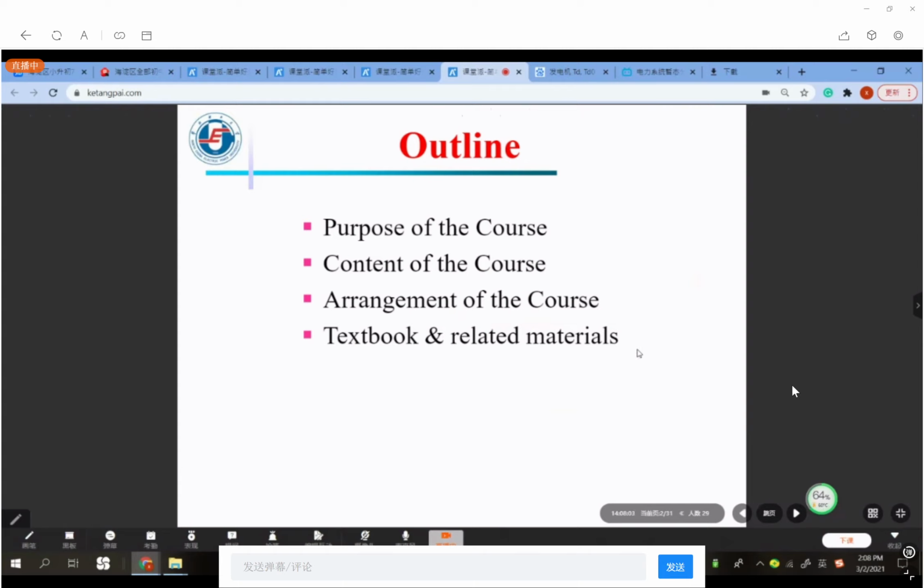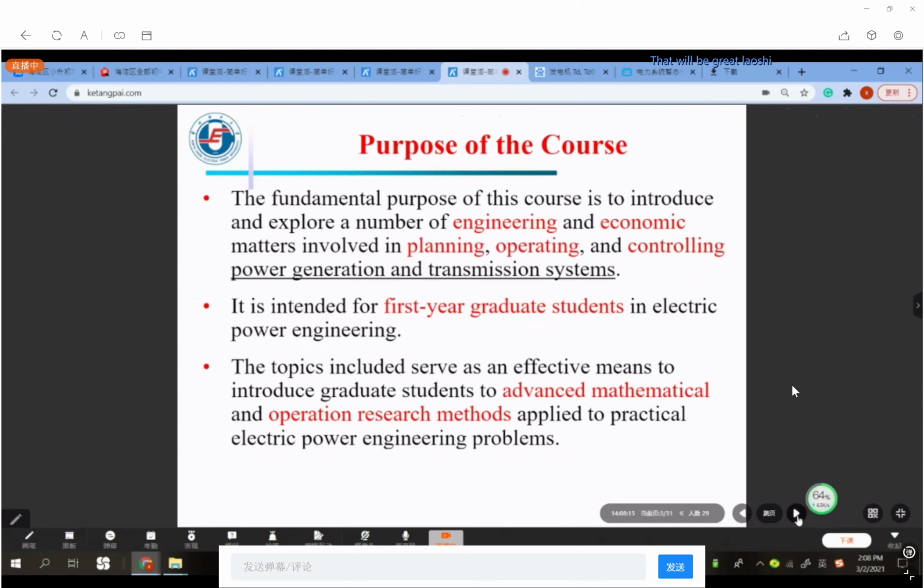In this lesson, we will talk about the purpose of this course and the content, also the arrangement, and also review some textbooks and related materials. The purpose of the course is to introduce and explore a number of engineering and economic matters involved in planning, operation, and controlling power generation and transmission.